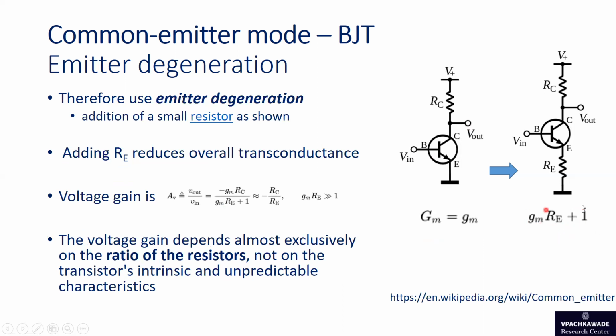And when this value gets placed in the voltage gain equation, you will see that the voltage gain is no more dependent on the intrinsic parameters of the transistor. Rather, it is set by the ratio of the resistors. So the addition of the small resistor is called emitter degeneration. Because adding RE reduces the overall transconductance, the overall gain will be reduced.